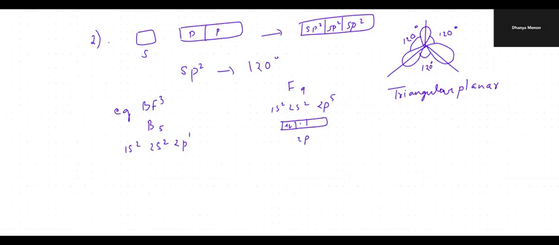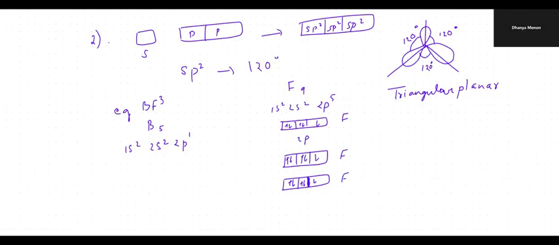Okay, so this is the first fluorine, and this is the second one. Sorry, I drew extra orbitals for F. 1, 2, 3, 4, 5. One more is there. 1, 2, 3, 4, 5. This is the third fluorine.